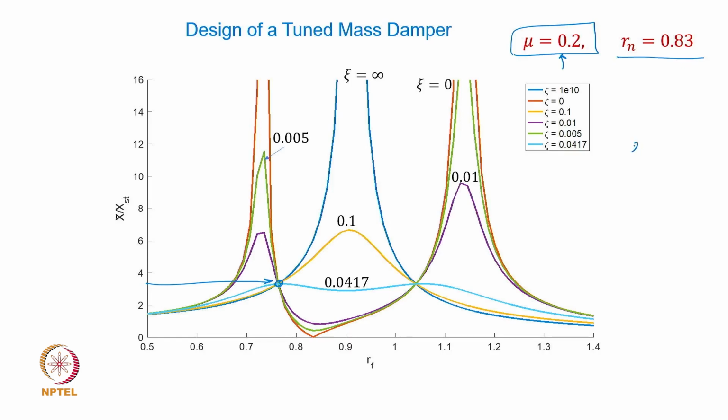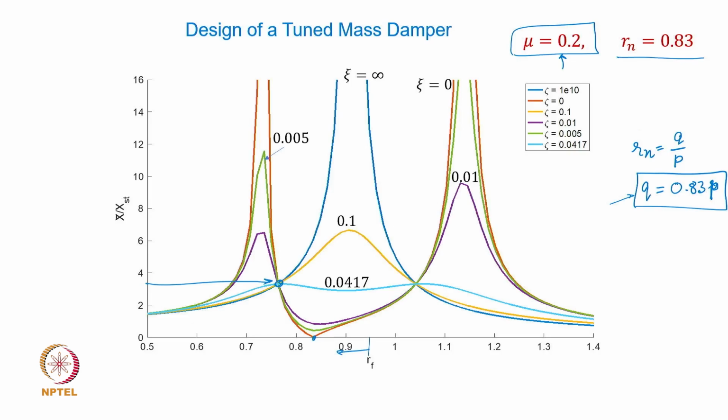So your absorber natural frequency Q should be 0.83 times P. So if the natural frequency of the parent system is known, you can immediately choose the appropriate stiffness and mass values to comply with this equation, and therefore you can see that the zero response will be much more shifted to this side based on the mu value.